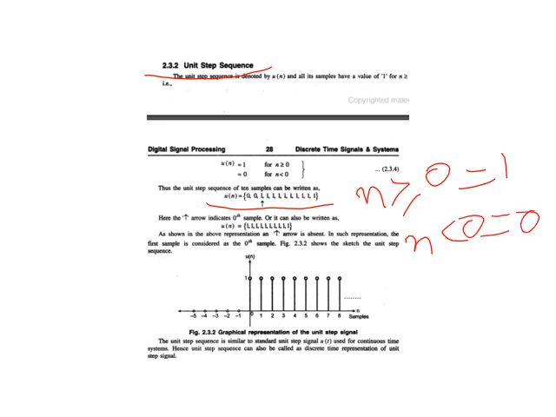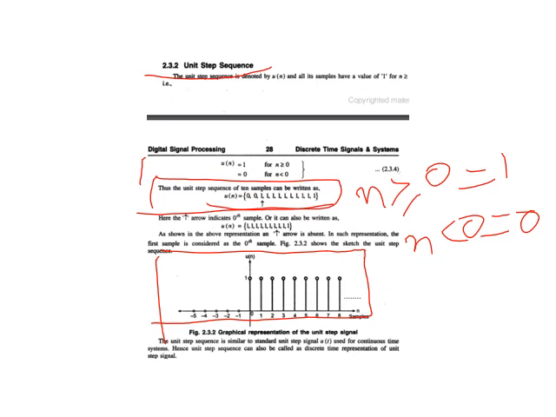Next is the unit step sequence. Unit step sequence you always know, at n greater than or equal to 0 all are 1, and for n less than 0 all are 0. This is the graphical representation, this is the sequence representation, and this is the functional representation.